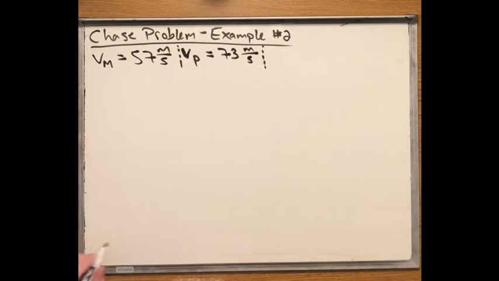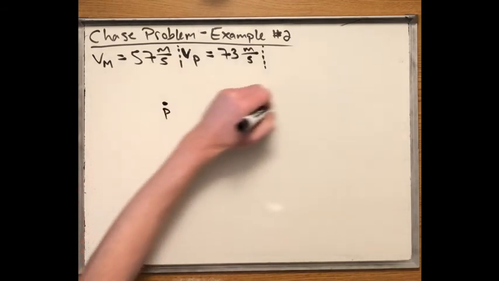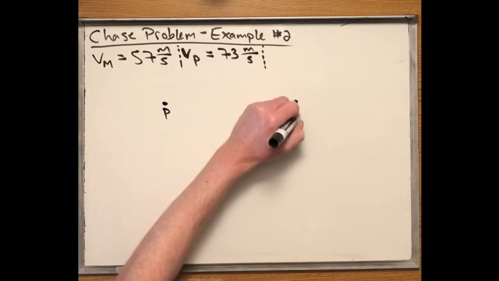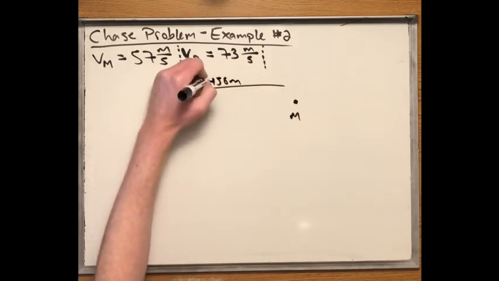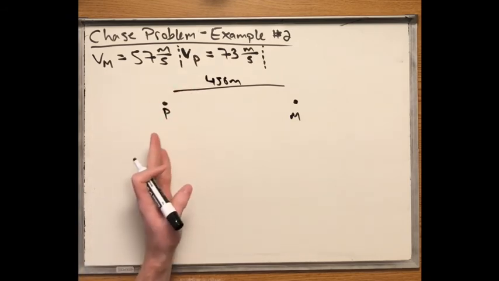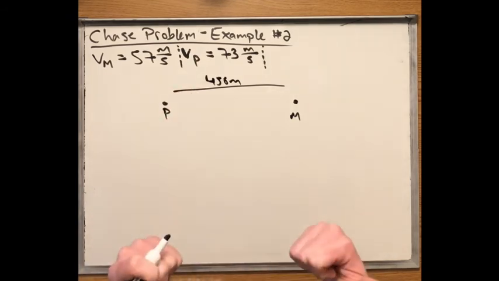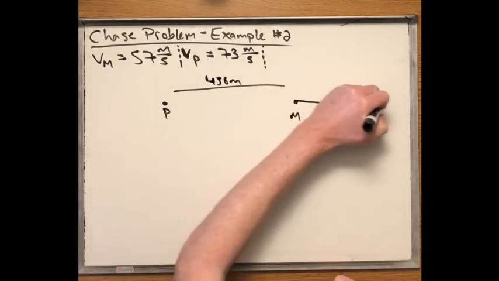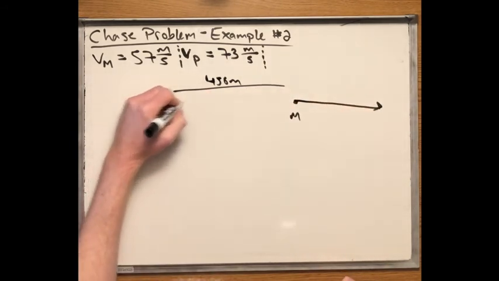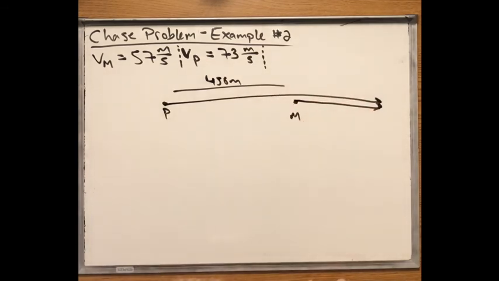If you don't realize why the times are the same, well, let's go back to the visualization for a second. Here's our 450 meters. As soon as the police officer reaches the chase speed, you can think about the stopwatch for this problem starting. The motorist is going to travel for a certain amount of time. The police officer is going to travel for a certain amount of time.